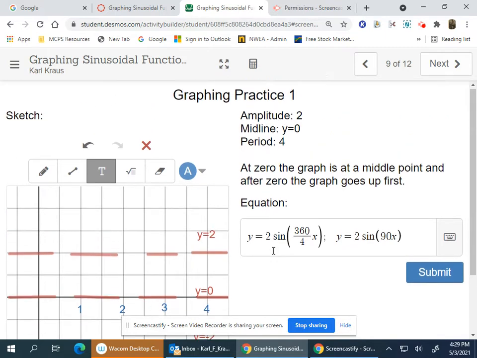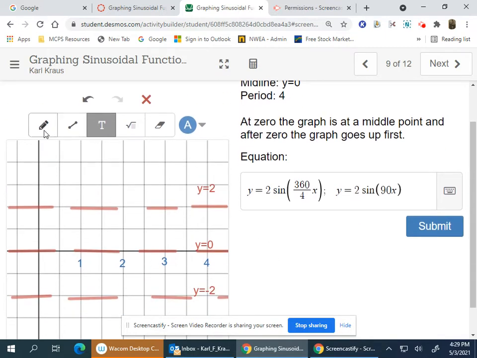All right, so if I wanted to plot this, it's a positive sine curve: at 0 on the center line, 4 on the center line, 2 on the center line, at 1 that would be at a maximum, at 3 a minimum. And this would go down here.